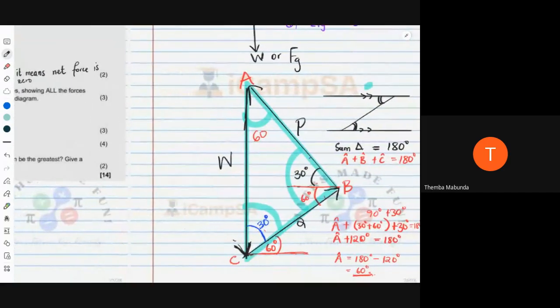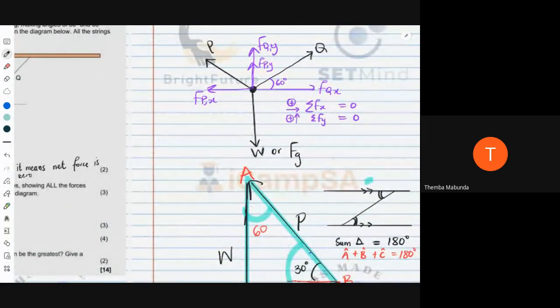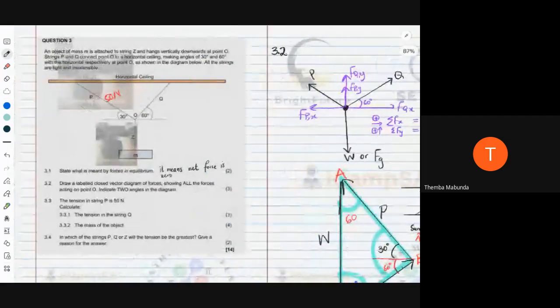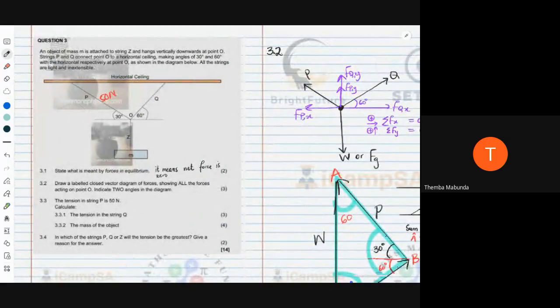Let's see. Let's just calculate. Yes, I think Q is the right one.